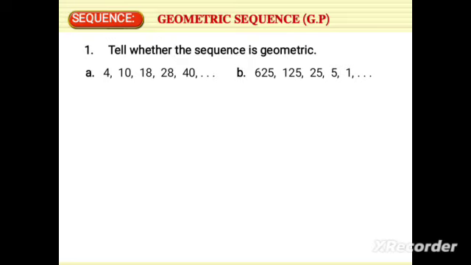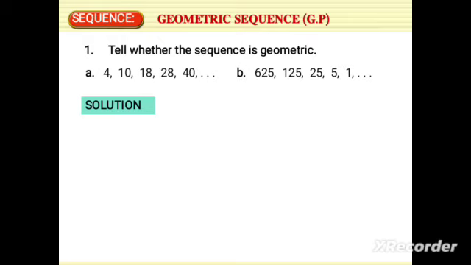Now, just to start, tell whether the sequence is geometric. We have part A and part B. The sequence in part A is 4, 10, 18, 28, and 40. And remember, the sequence continues. So we need to work it out so that we get the common ratio.